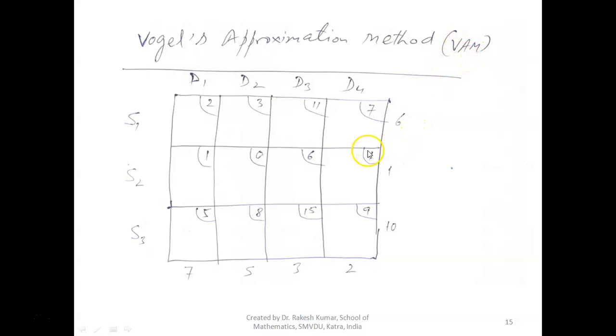What we do in this: this is again the same transportation table as we started with for the northwest corner rule and least cost method. This is the cost structure, and this is supply and demand.